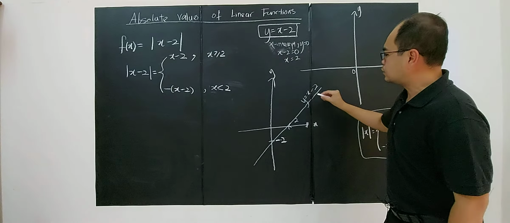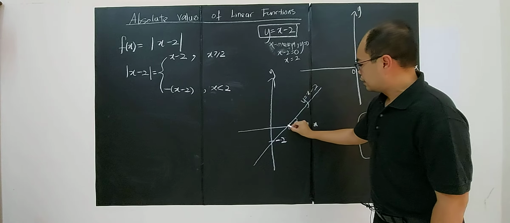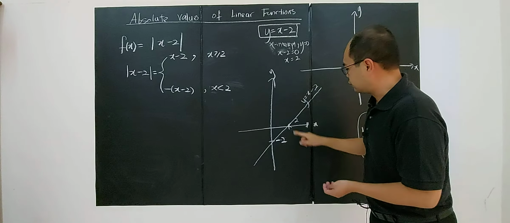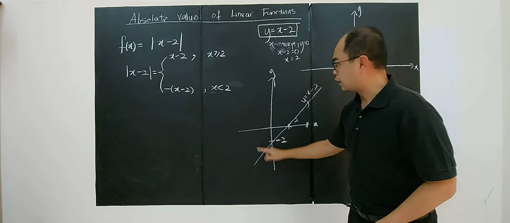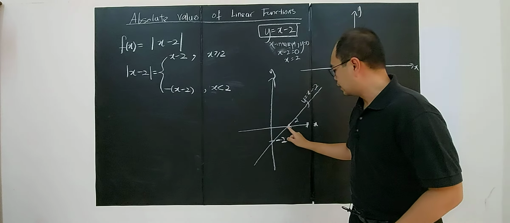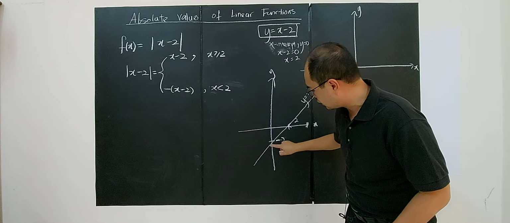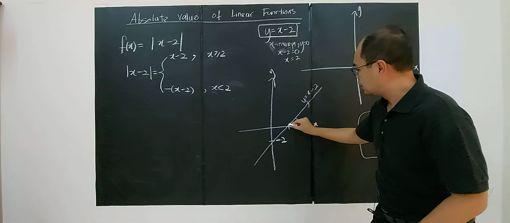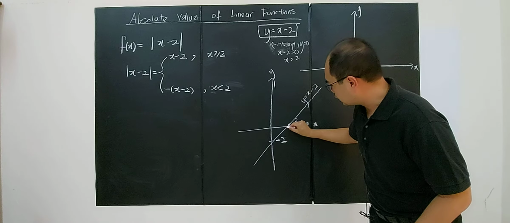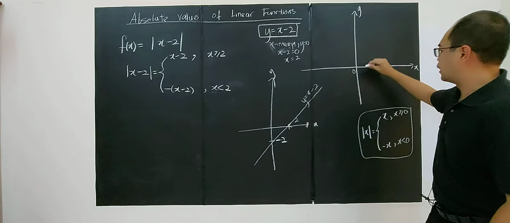But once you put a modulus, this is the graph after 2, right? After 2 is positive, it's okay. But before 2, the value of y is negative, the coordinate of y is always negative. So once you put modulus, the graph that is below the x-axis will be reflected.